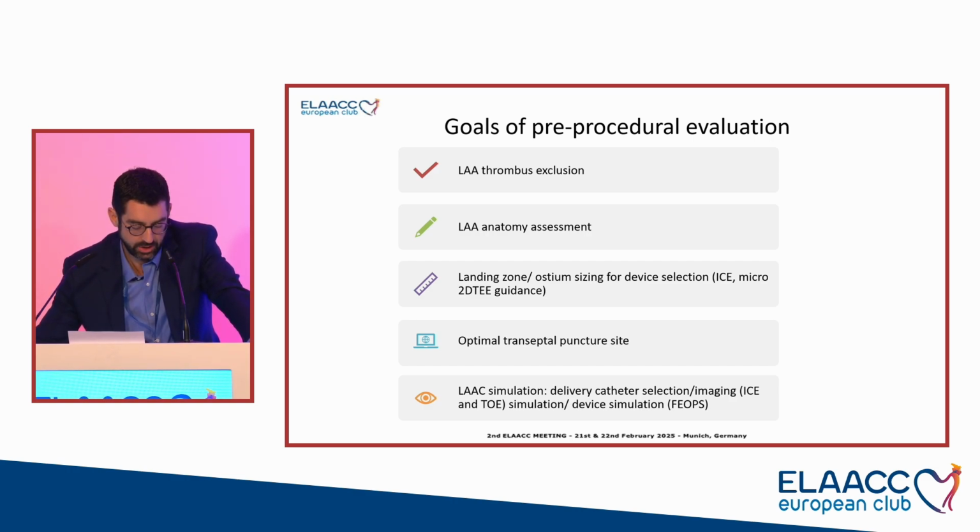We can potentially optimize the transseptal puncture with advanced dedicated software, and potentially perform a full LAA simulation, including the delivery catheter selection, perform imaging simulation for ICE or TOE, and potentially simulate the device itself using FEops.